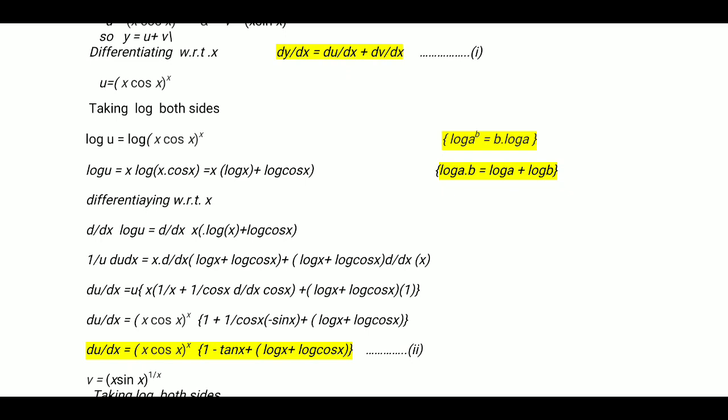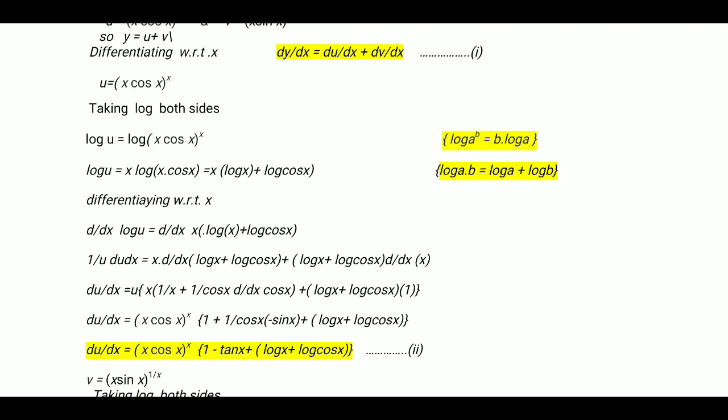So du/dx is equal to, cross multiplying u, and now after differentiation you get x, and the differentiation of log x is 1 upon x, and the differentiation of log cos x: first you find the differentiation according to log, which will give you 1 upon cos x into d/dx of cos x by chain rule, plus (log x plus log cos x) into d/dx of x, that is 1.